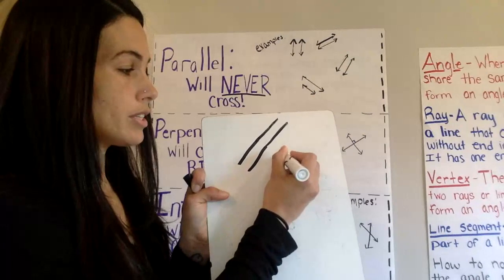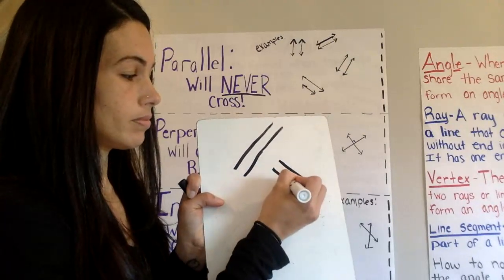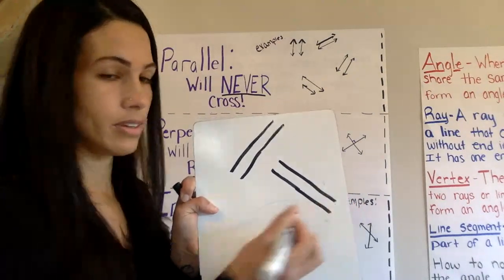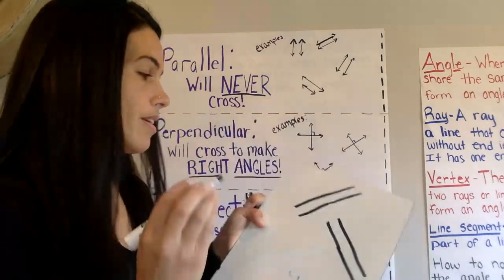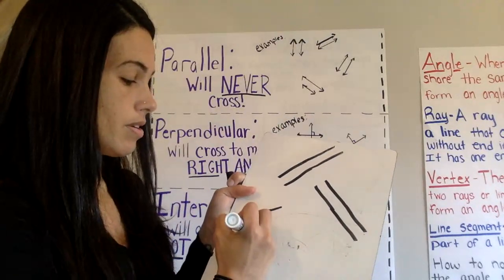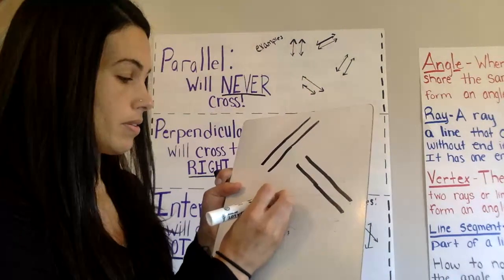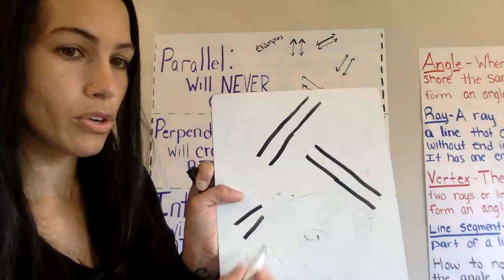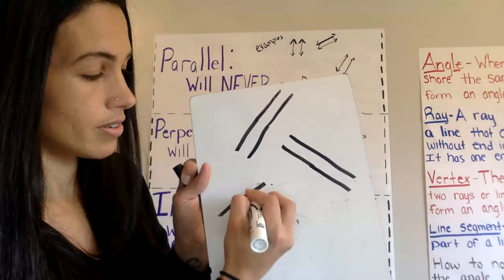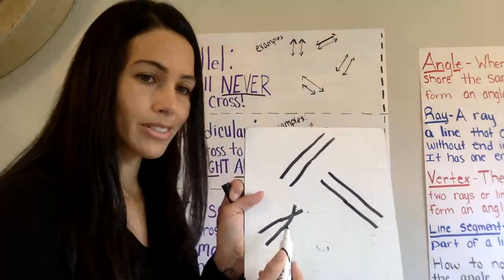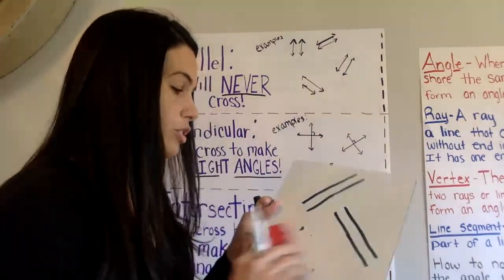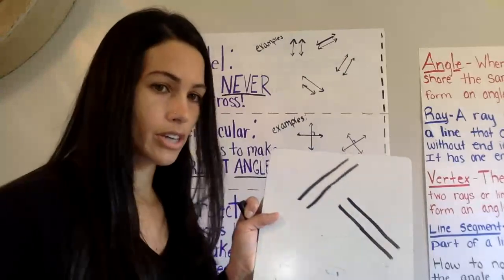So if I was to draw this one, and I kept going, they will never cross. If I was to draw these 2 lines right here, if I was to continue on with this, they end up crossing. So that is not parallel. You want to make sure your 2 lines never cross each other.